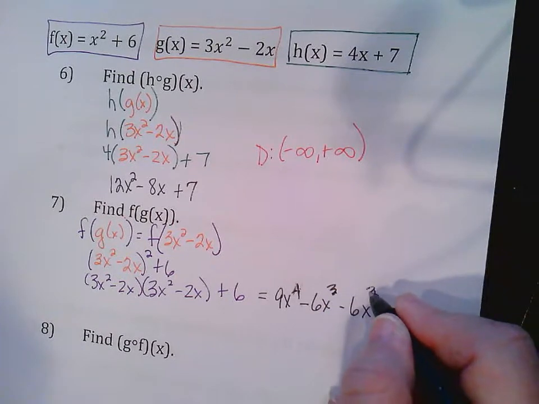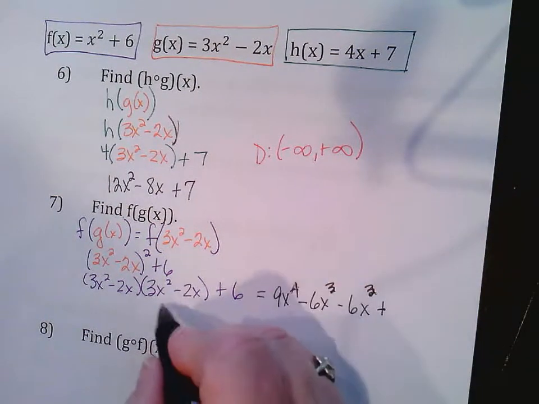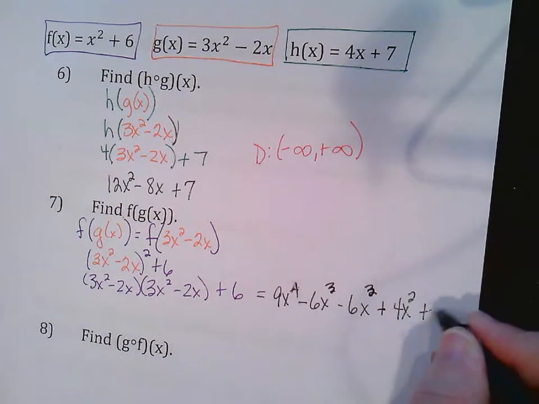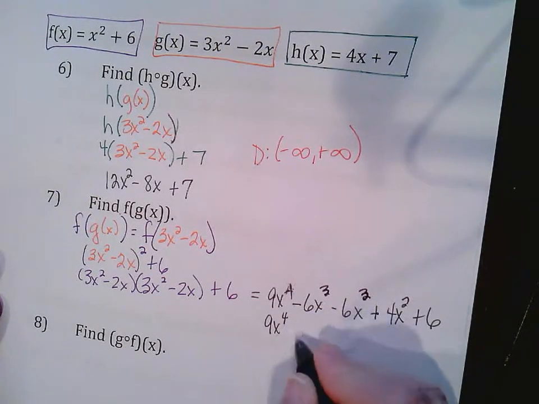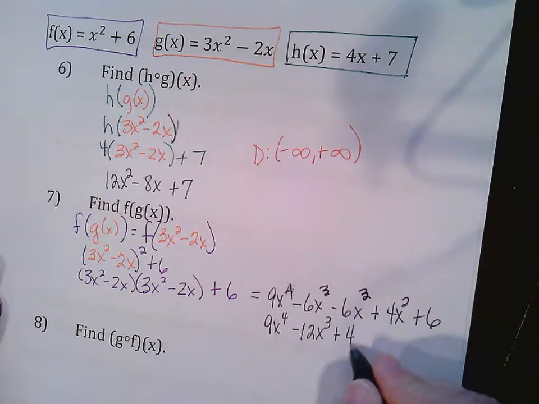It's been a long day. And then plus 4x squared. I'll get it there eventually. And then plus 6. Now I'm going to combine like terms, so I have 9x to the 4th minus 12x to the 3rd plus 4x squared plus 6.